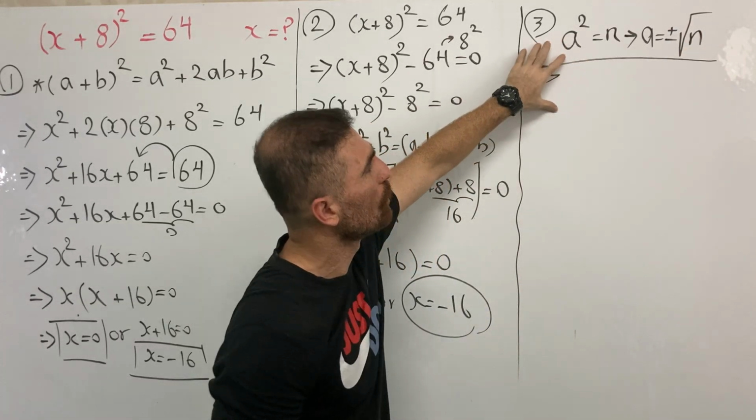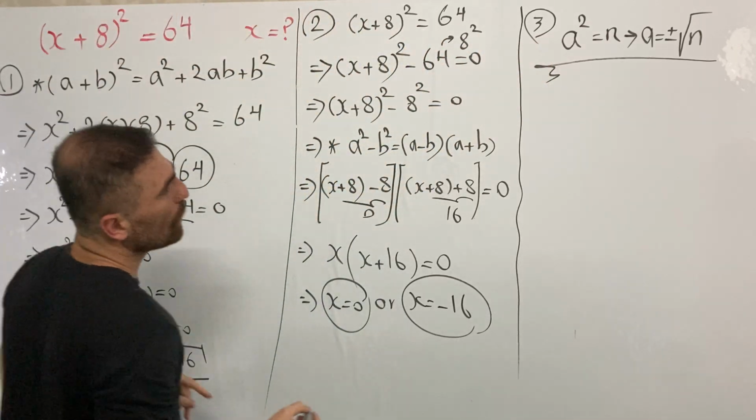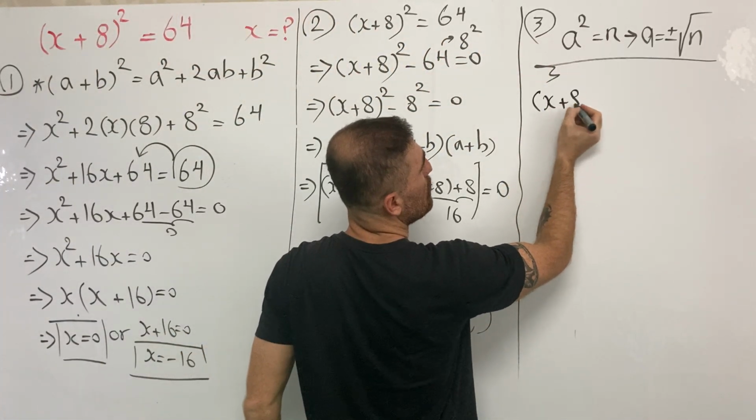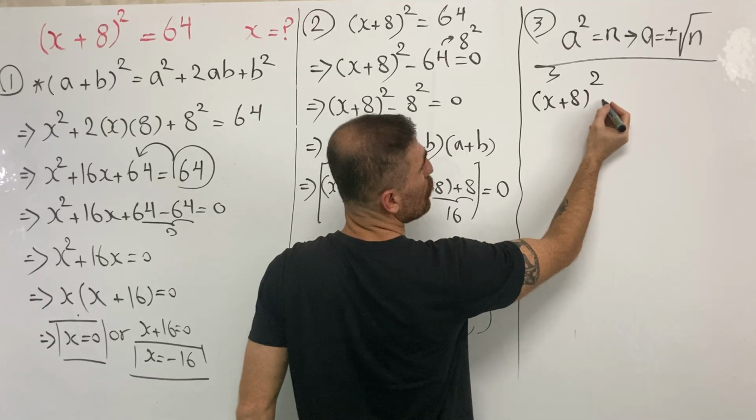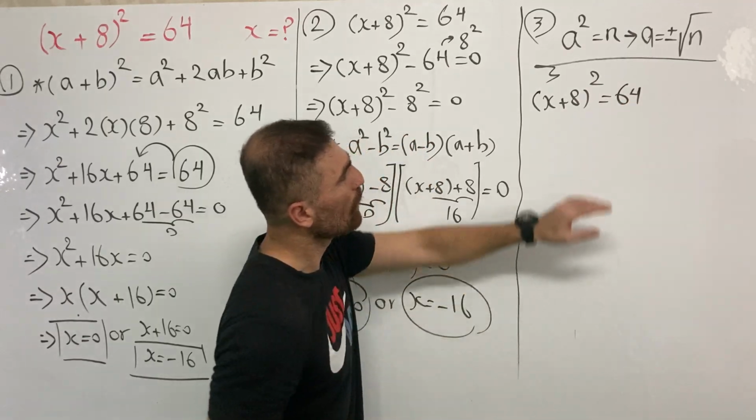Right. We are going to follow this to solve this. So what do we have here? (x plus 8) raised to the power of 2 equals 64.